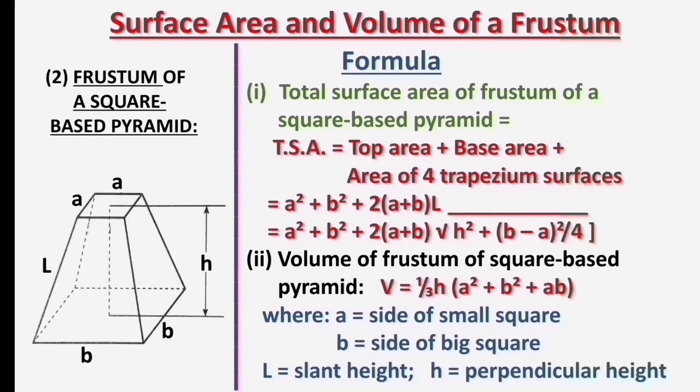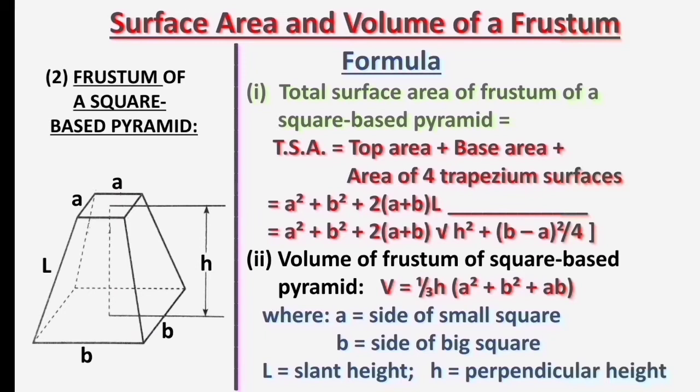Moving on, let's consider the frustum of a square-based pyramid. Here from the formula, the total surface area of the frustum of a square-based pyramid is the top area, which will be a square, plus the base area, which is also a square, plus the area of 4 trapezium surfaces.